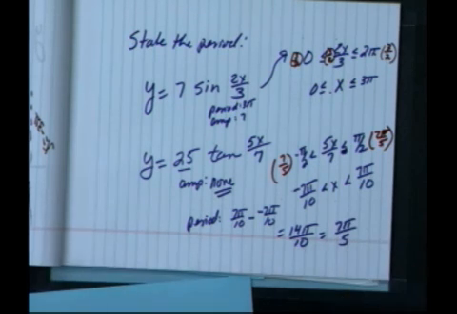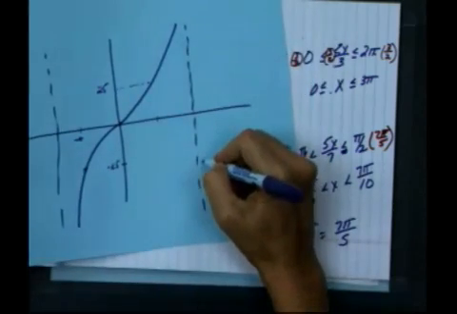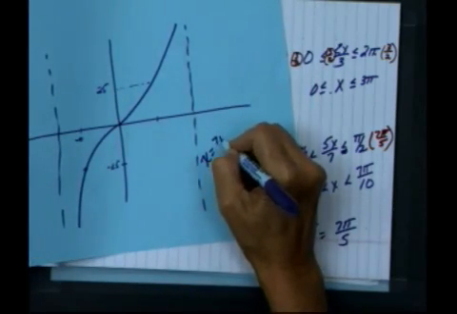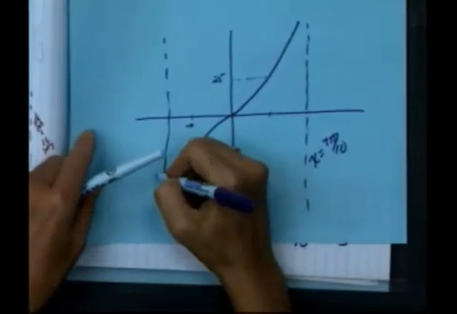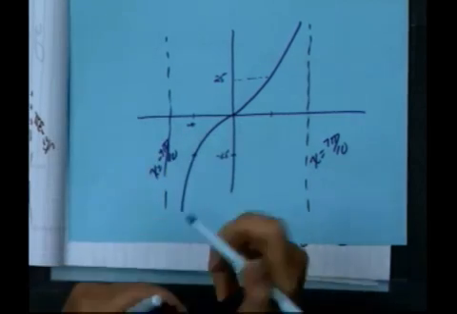So that is the length you could mark off, and the curve would be repeating itself. So this vertical asymptote is x equals 7 pi over 10, and this one is x equals negative 7 pi over 10. Okay, everybody good?